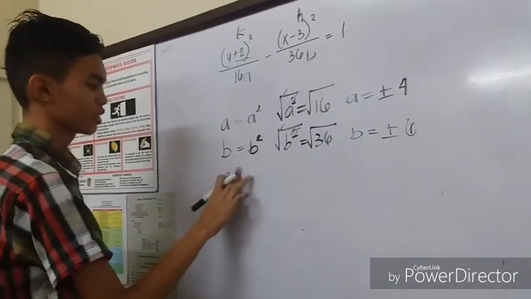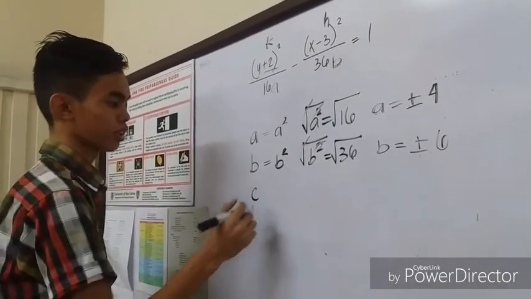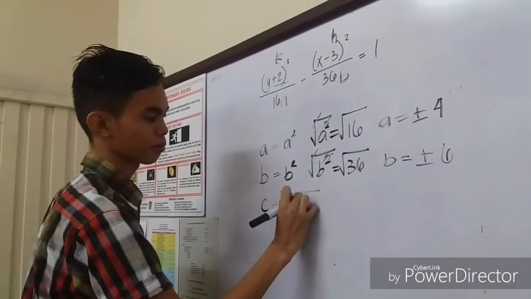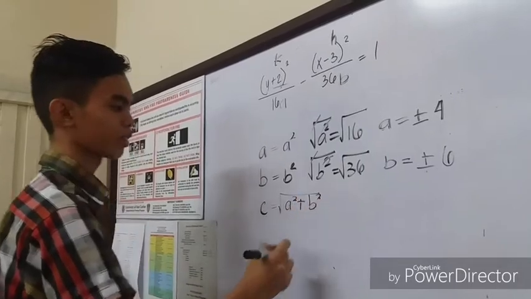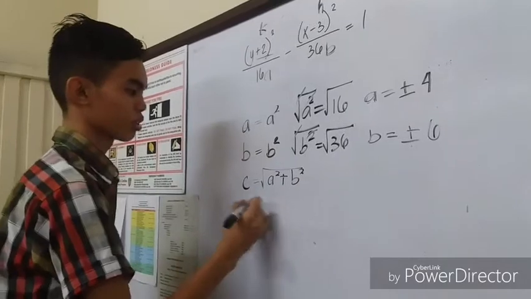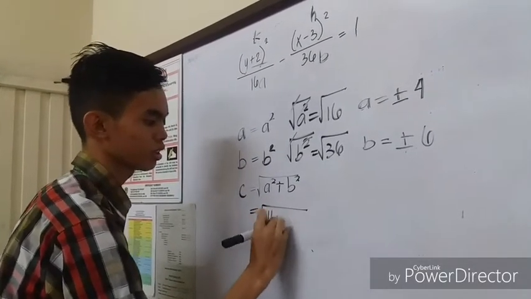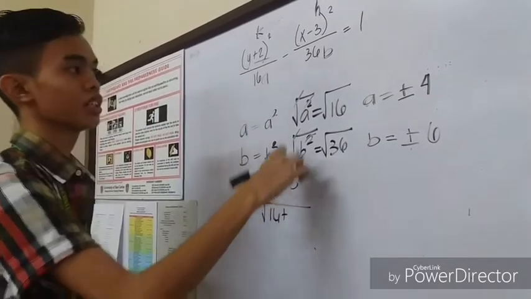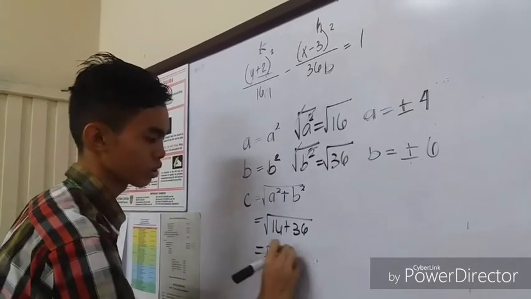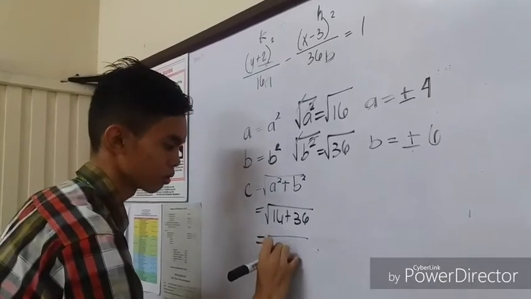And to find the value of C in the equation, we could use the formula C is equal to the square root of A squared plus B squared, wherein the value of A squared is 16. So we substitute it down here: 16 plus the value of B squared, 36, and then we simplify it. 16 plus 36 is equal to 52.